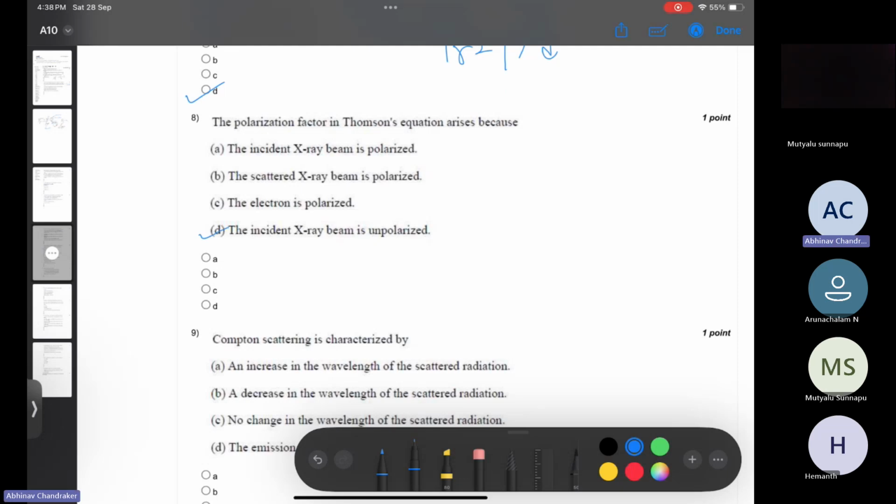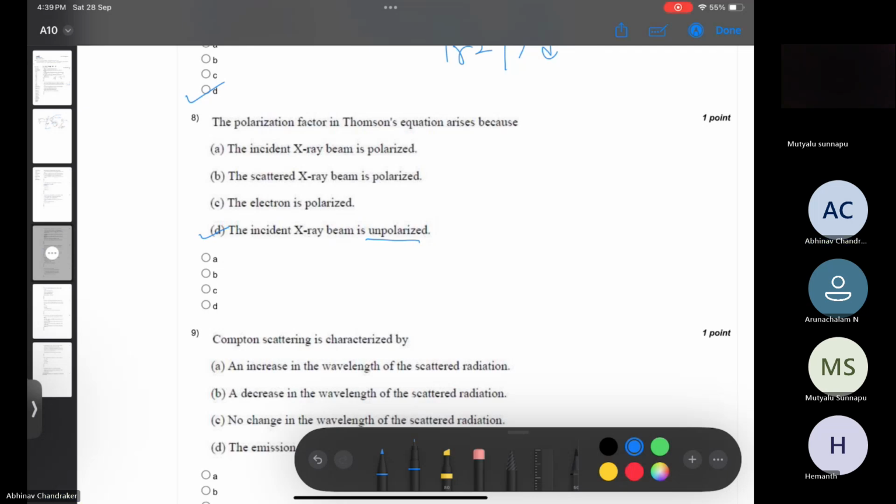Unpolarized means that the electrical and magnetic fields in the incident X-ray beam are oscillating in all different random planes. So at multiple planes, the oscillation is occurring, and as a result, the electrons which are interacting with the X-ray beam will also oscillate in multiple directions, because of which we'll see scattering in all directions.